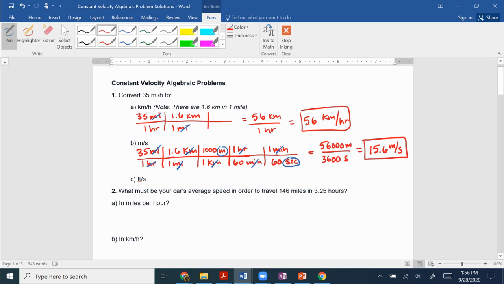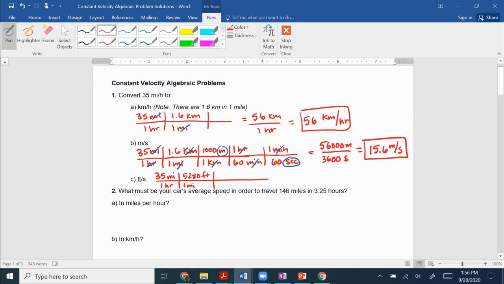Okay. Lastly here, we got feet per second. So it's easier to go from miles to feet. So that's going to be 35 miles, 1 hour. In 1 mile, there are 5,280 feet.